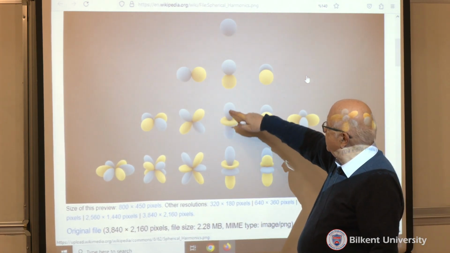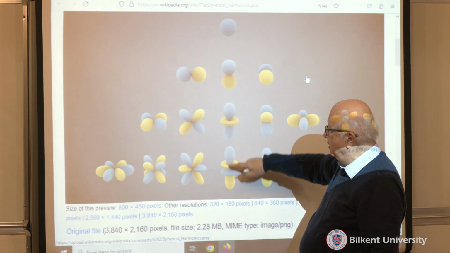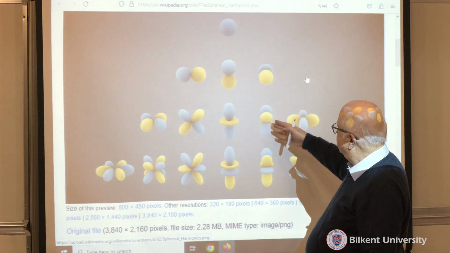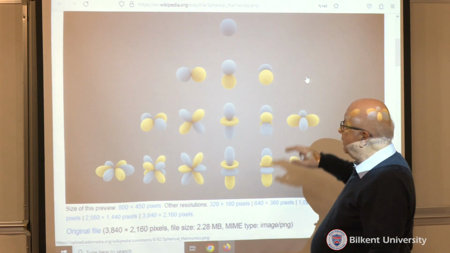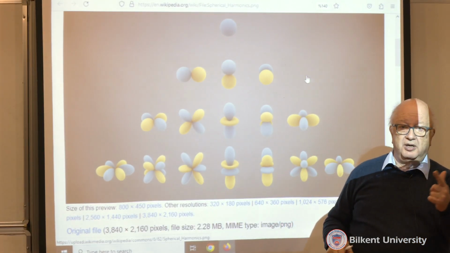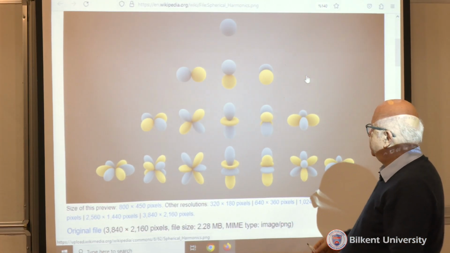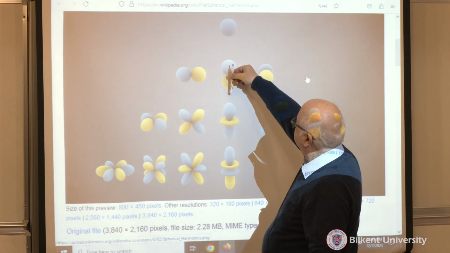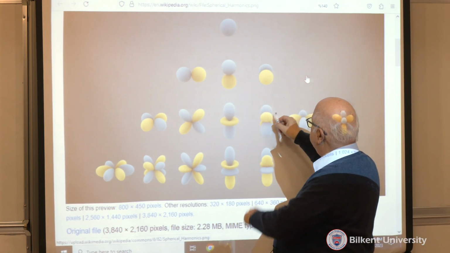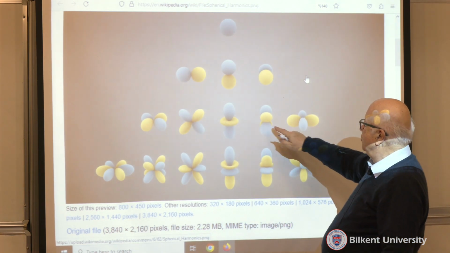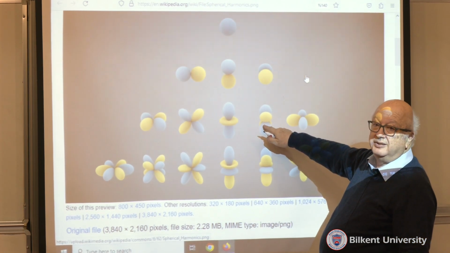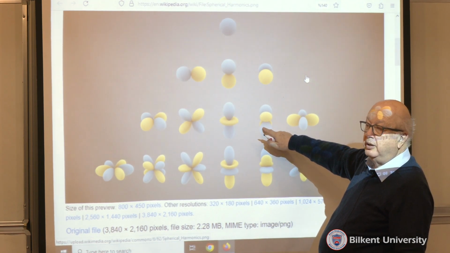This is the structure for Y_2,0, and so on. And you get some azimuthal dependence on the angle phi, because this is the z-axis, vertical. You get some dependence on phi for m not equal to 0.